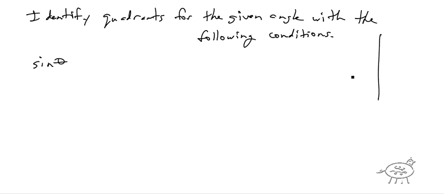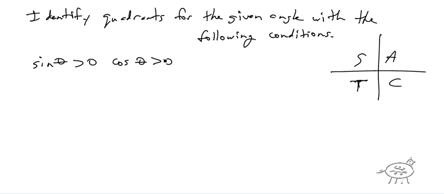First I'm going to draw my little chart here. All students take calculus. Okay, so sine of theta is greater than 0, and cosine of theta is greater than 0. And I want to look for which quadrant.